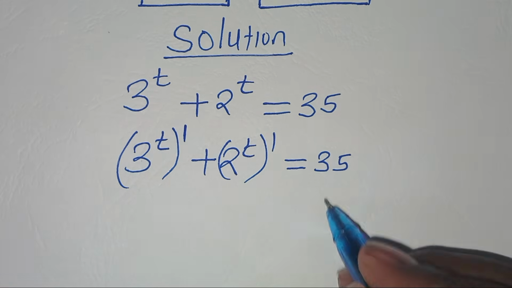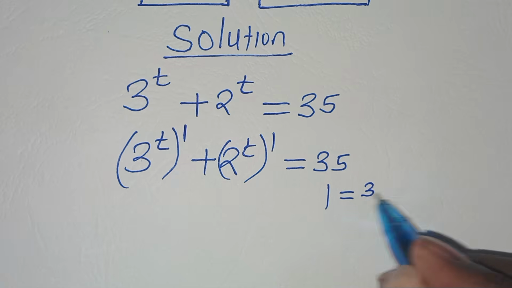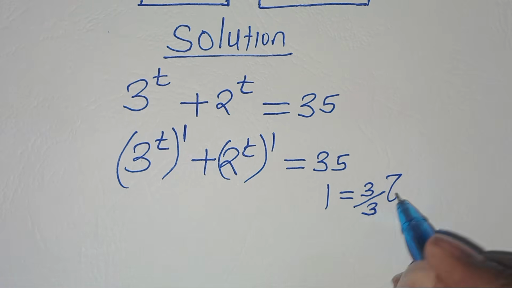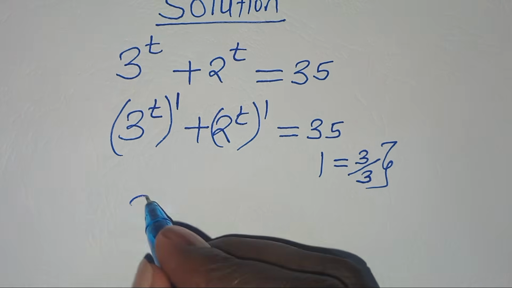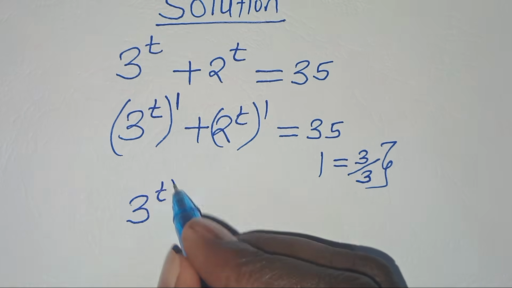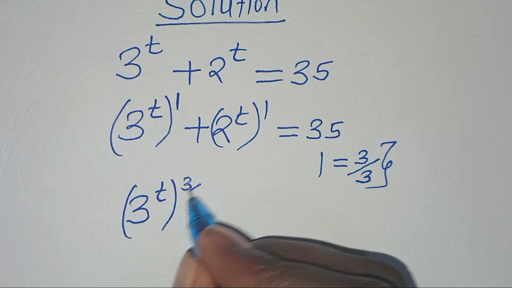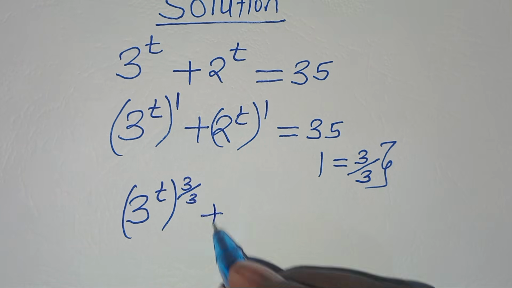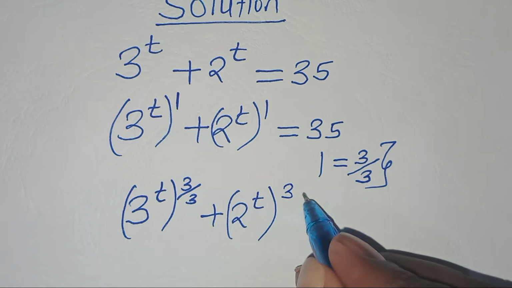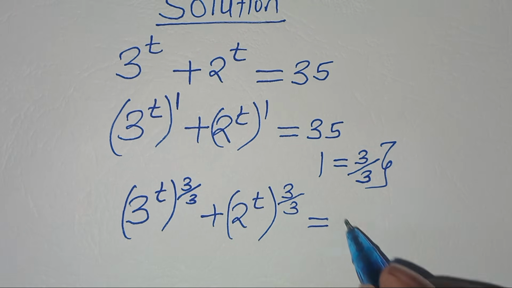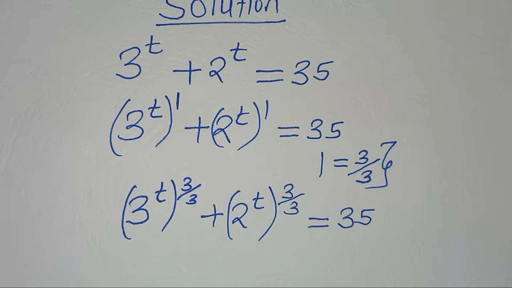Now, we can express 1 as 3 over 3. 3 over 3 is the same thing as 1. So we have 3 raised to the power of t raised to the power of 3 over 3, plus 2 raised to the power of t raised to the power of 3 over 3, equal to 35.